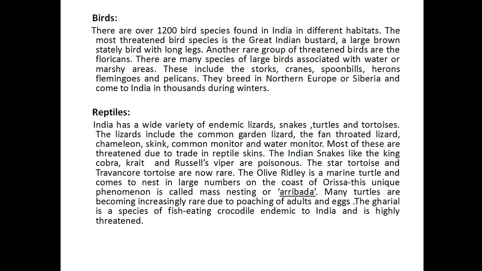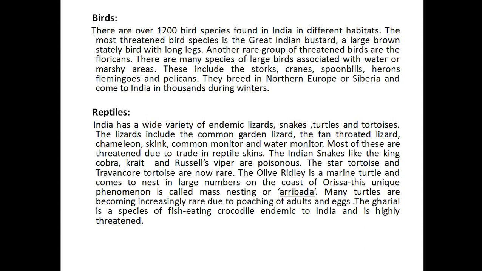The olive ridley is a marine turtle and comes to nest in large numbers on the coast of Orissa. This unique phenomenon is called mass nesting or arribada. So I would want you all to again check arribada on the net. Automatically you'll be finding lakhs of olive ridley marine turtles coming to the shores of Orissa for nesting.